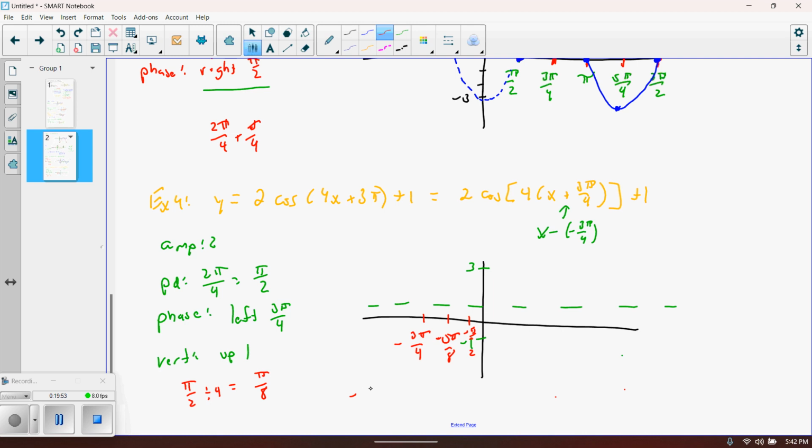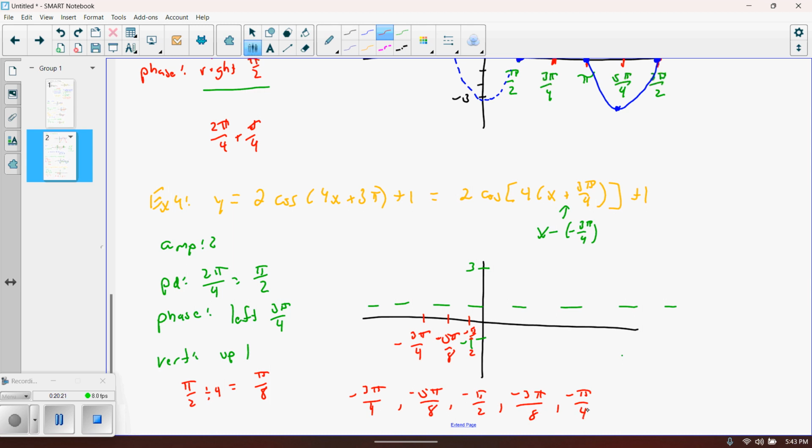So let me write this down here. You'd have the starting point at -3 pi fourths. Then you would have one at negative 5 pi eighths. Again, adding a pi eighths to that would be negative 4 pi eighths, which would be negative pi halves. Then adding one to that would be negative 3 pi eighths. And then adding one more pi eighths to that would be at negative 2 pi eighths, which is negative pi fourths.